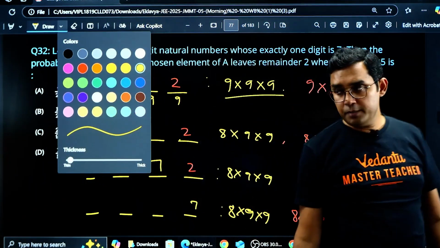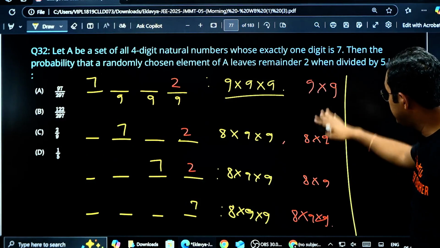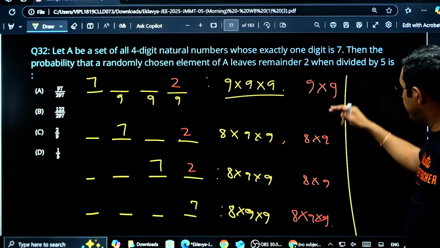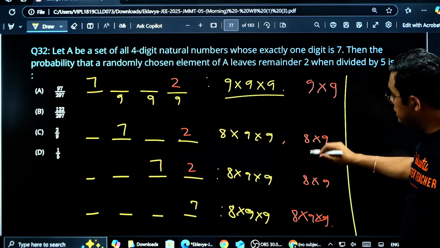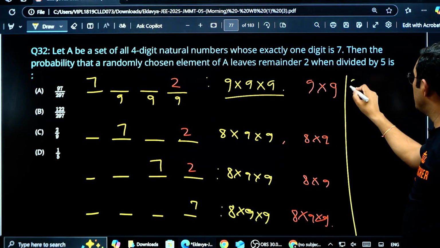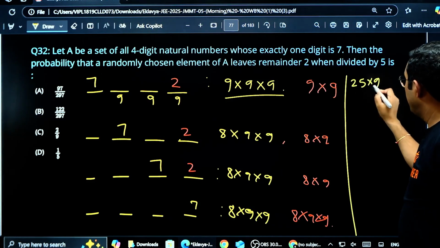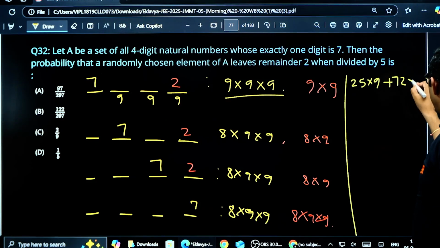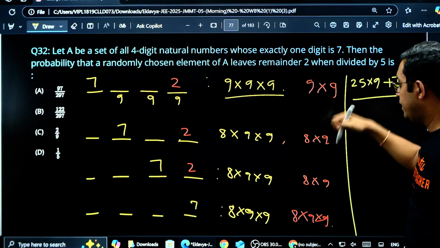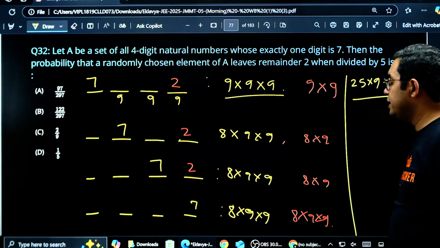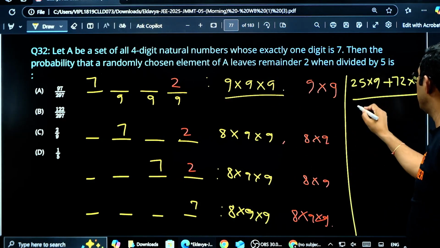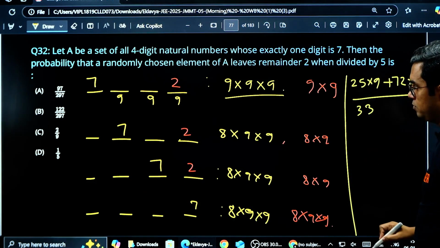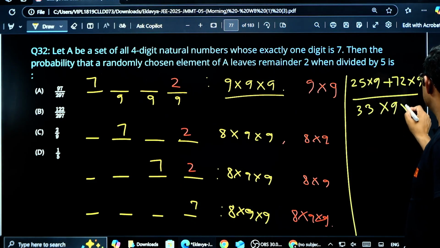Not very difficult. Okay. If I add these numbers, let us first add these. So 8 plus 8, 16, 16 plus 9, 25 into 9 for these 3, plus that is 72 into 9. Whole divided by, this is 8 plus 8 plus 8, that is 24, 24 plus 9 is 33, into 9 into 9.